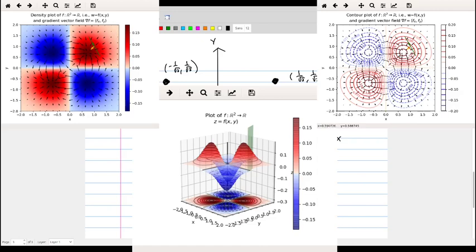The local minimums, negative L positive L, or positive L negative L, are local minimums because the gradient vector is pointing away from each one of these points. And at the saddle point, 0, 0, the gradient vector in certain areas is going into the saddle point, but in other areas is moving away from it.